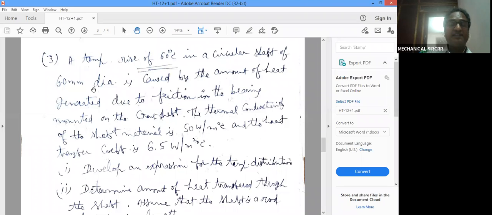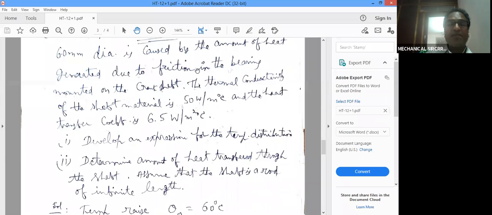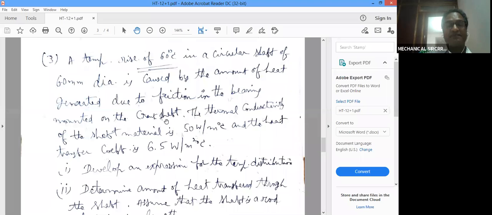Diameter of the shaft 60 mm is caused by the amount of heat generated due to friction in the bearing mounted on the crankshaft. Whenever the shaft is rotated in the bearing, heat is generated.